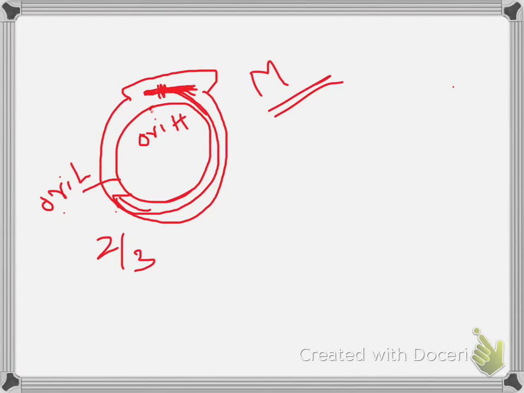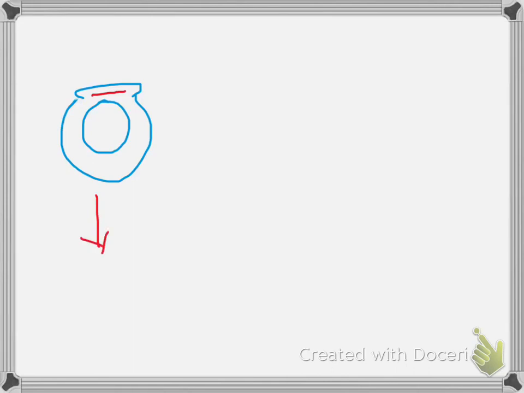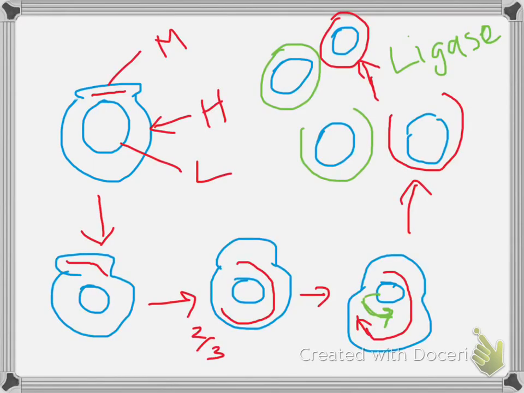Now let us discuss how the replication occurs. What are the steps in the replication? This is the circular DNA of mitochondria or chloroplast.